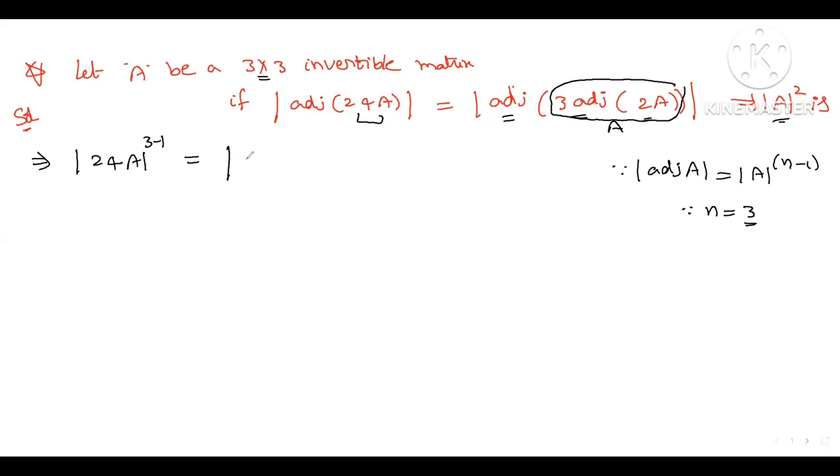Det A, A placed as 3 adjoint of 2A power n minus 1, 3 minus 1. Okay, now taking square root on both sides, what we get here? Det of 24A is equal to, here square gets cancelled, det of 3 adjoint of 2A.